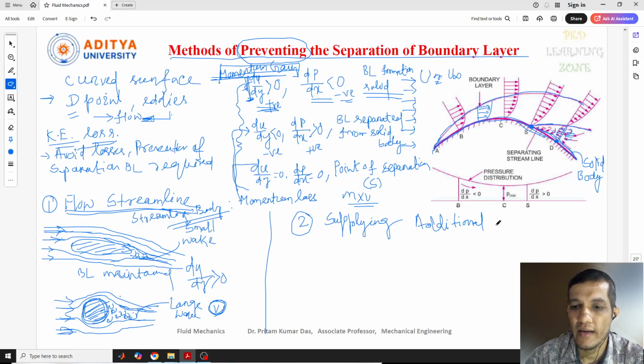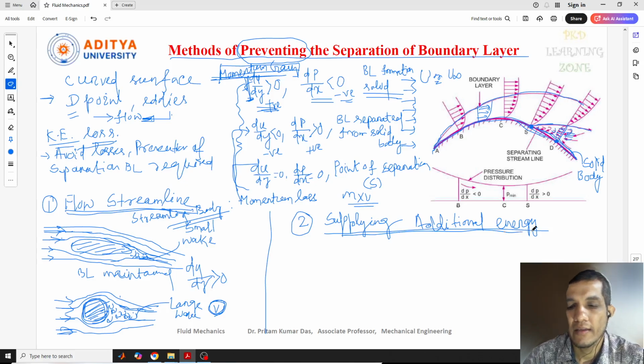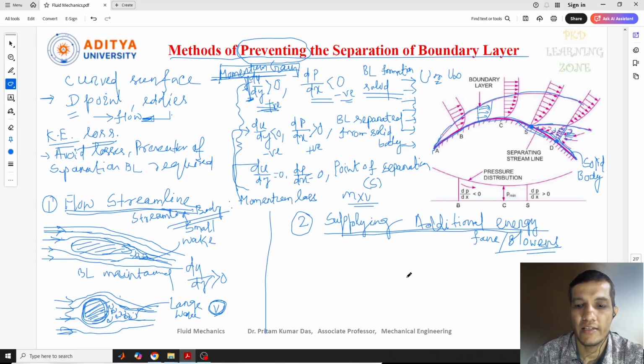Additional energy is nothing but additional velocity we need to provide to the fluid. Additional energy can be supplied by some kind of fans or blowers. Actually, the blowers will provide some extra energy due to the additional or external flows.